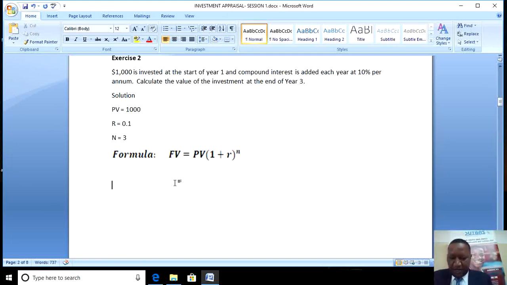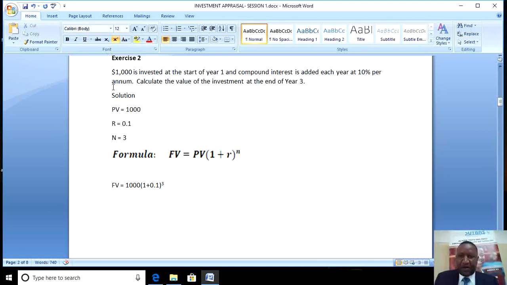That is going to be your future value equals to, what's the present value? 1,000. That's multiplied by 1 plus, what's the rate? 0.1. Okay, close brackets there, and raise that to power N. What's the N? N is 3. So raise that to power 3.